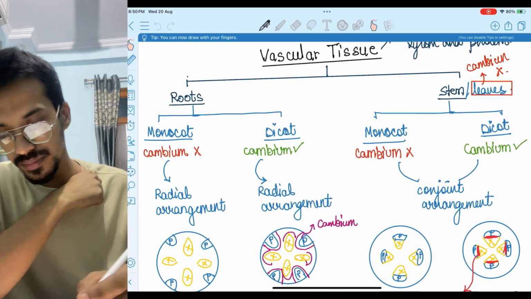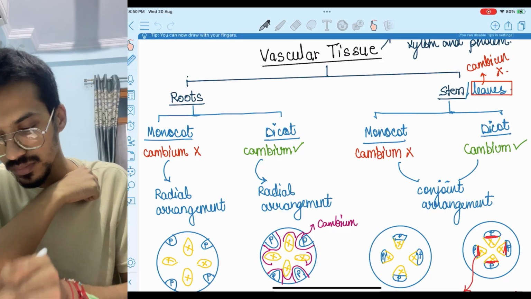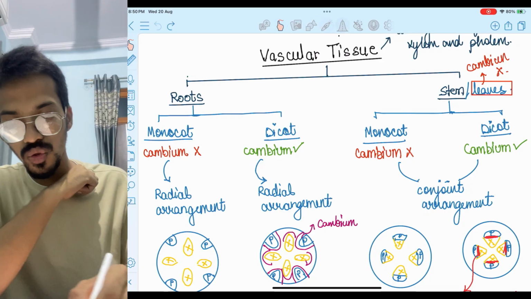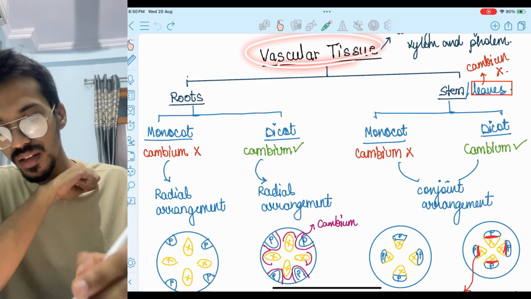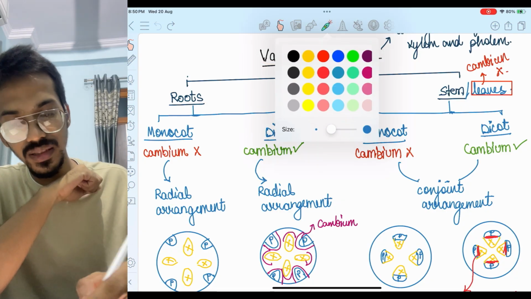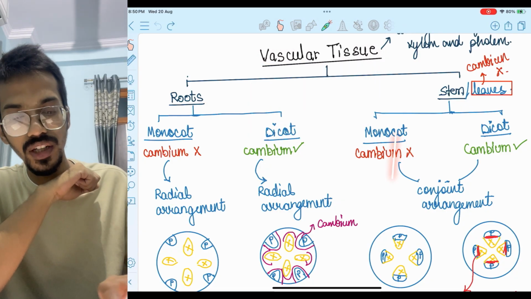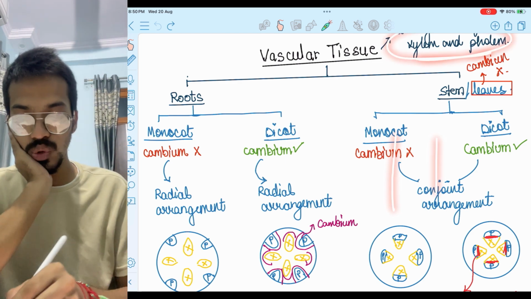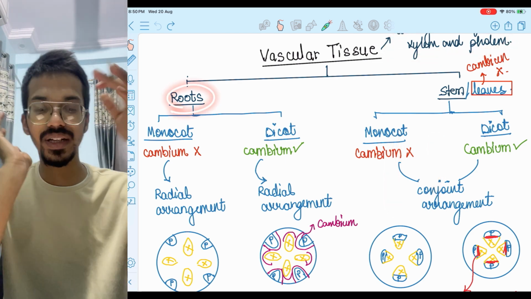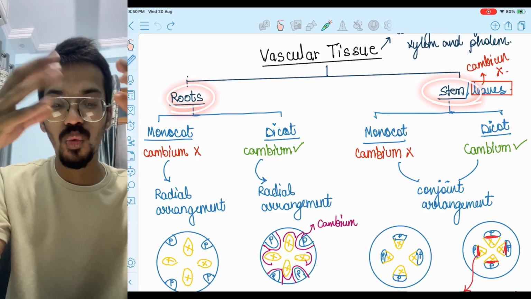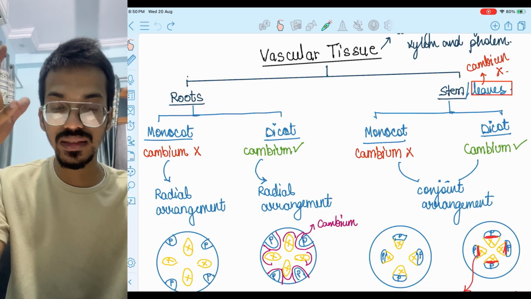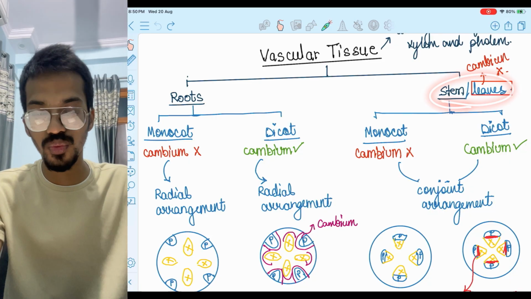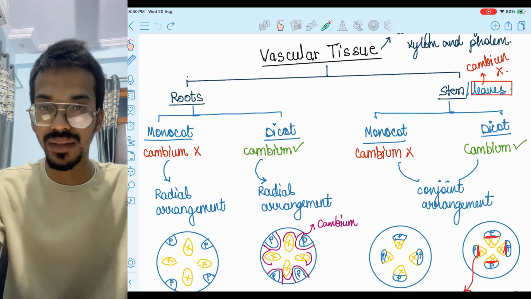One minute. So the vascular bundles are basically about how the arrangement of xylem and phloem is. In the roots and stem, it will be different. Now, we are seeing that stem and leaf have this thing, but the only thing which is different is the presence of cambium.